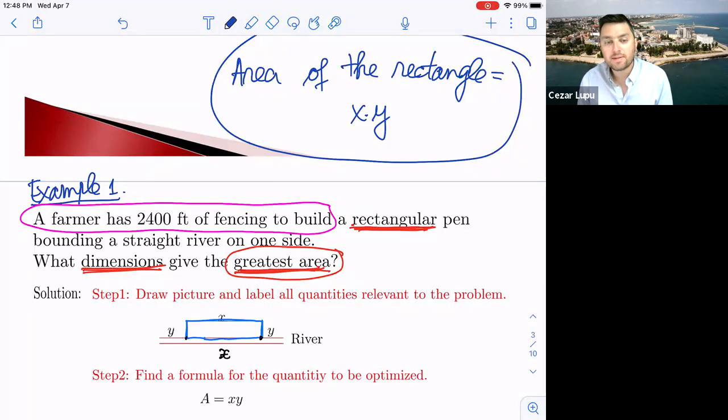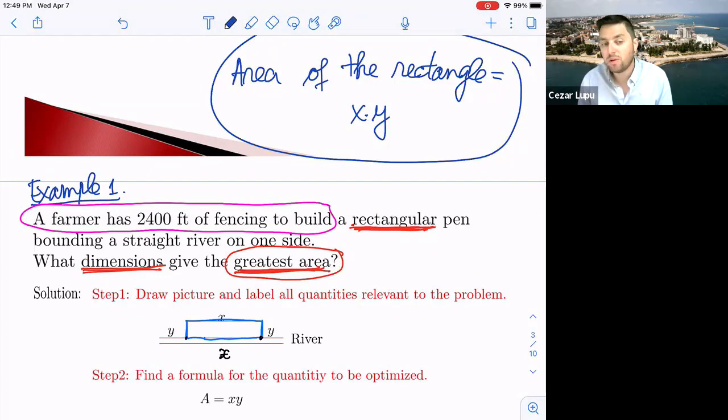Now let's go back to the first line. A farmer has 2,400 feet of fencing to build. How can we translate this? We already said that it's a rectangle. We need to have some kind of a constraint.